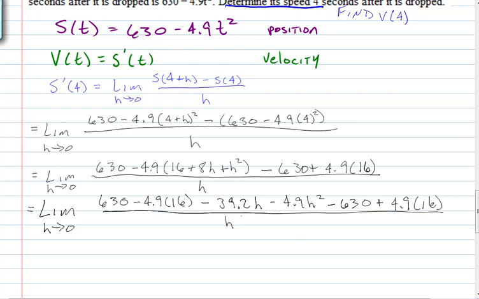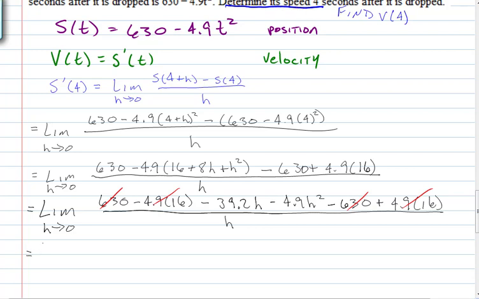Now here's where the fun happens. Things are going to cancel. There's a 630 and a negative 630. There's a minus 4.9 times 16 plus 4.9 times 16, which means that the two terms I'm left with on top here both have a common factor. And if you do the arithmetic correctly, you will always have a common factor in the numerator.